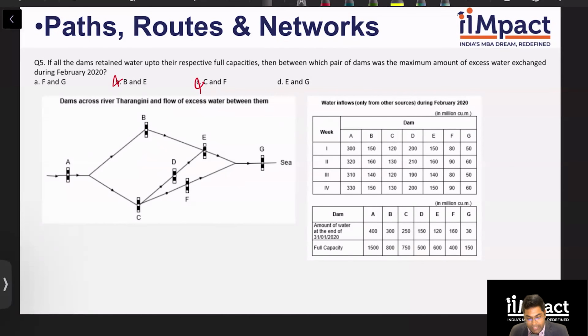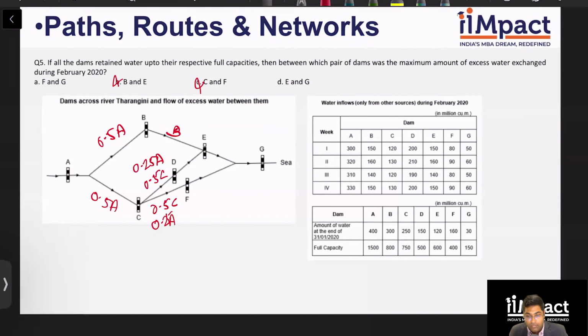Now, whatever would be the excess of A, half the excess of A would go to B, and half of A over here. From here, complete half A and B will go to E, okay? Here, I will have half C going and half C going here, and 0.25A and 0.25A going here. This is a mental exercise.